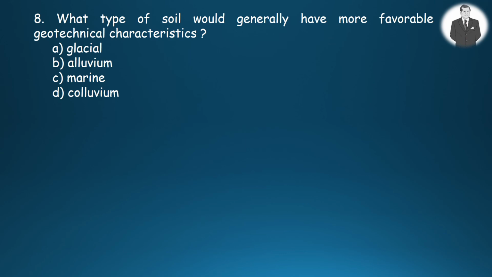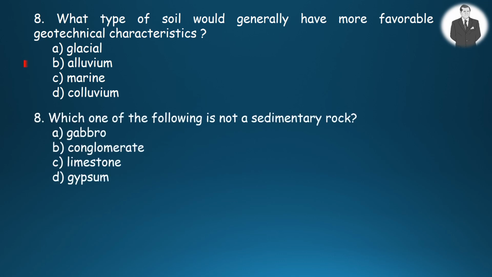What type of soil would generally have more favorable geotechnical characteristics? Yes, you are right. The answer is alluvium. The next question is, which one of the following is not a sedimentary rock?